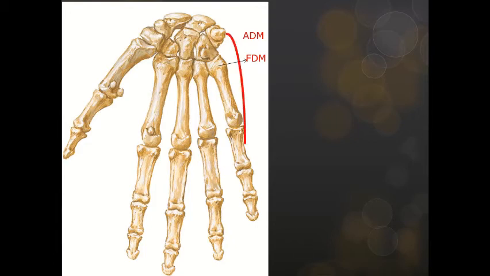Flexor digiti minimi is arising from the triquetral bone, and abductor digiti minimi and opponens digiti minimi are arising from the hamate bone, and they are descending down and reaching to the ulnar aspect of the proximal phalanx.